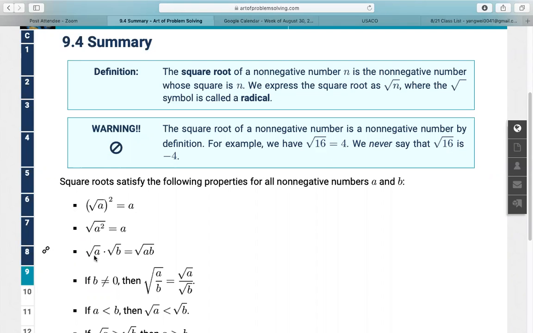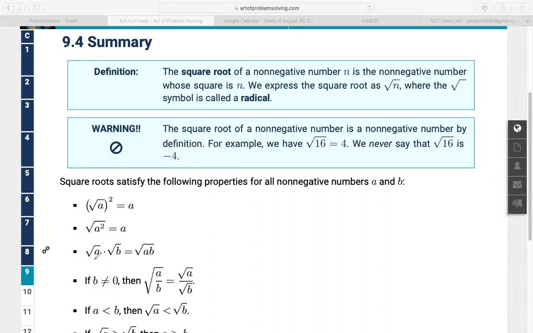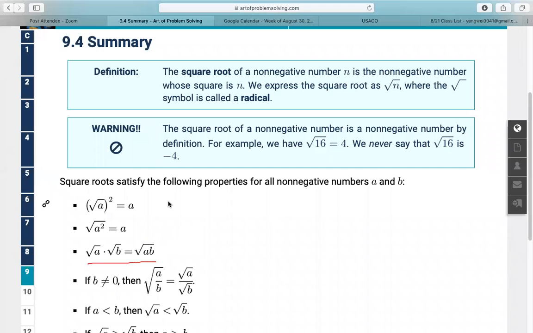Then the square root of a times the square root of b equals the square root of a times b. You have this formula. All these formulas we already used before to help us simplify problems, right?